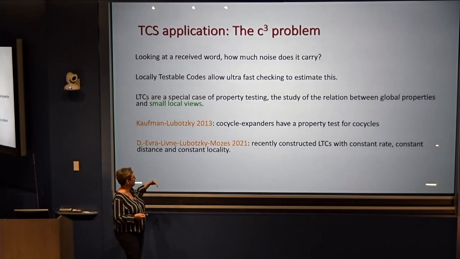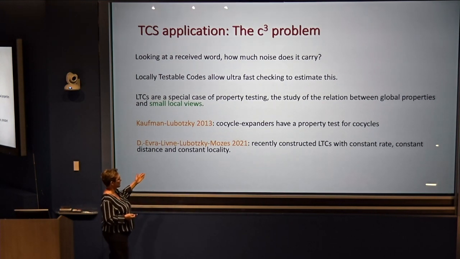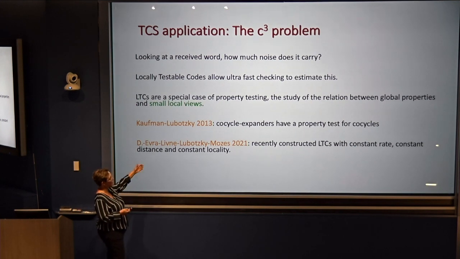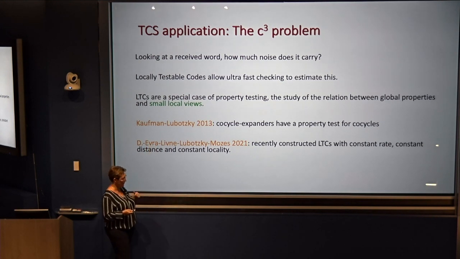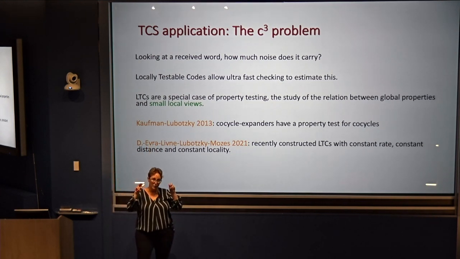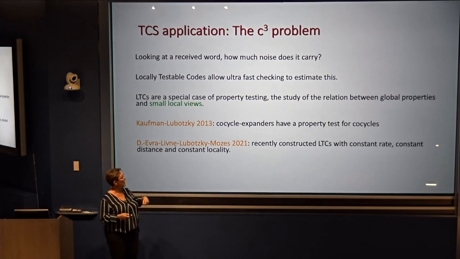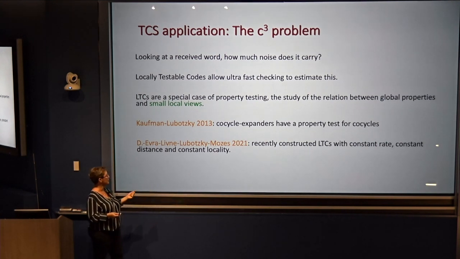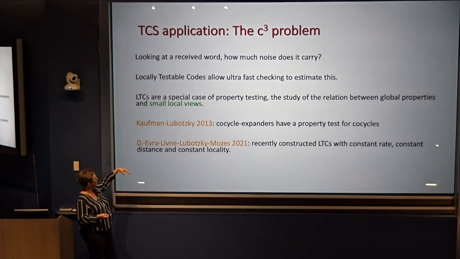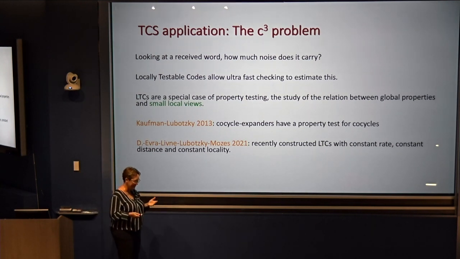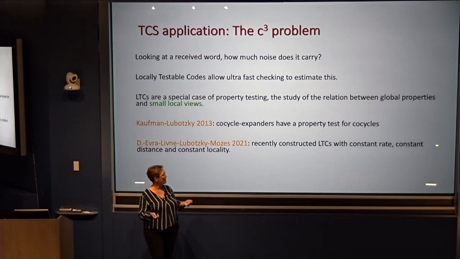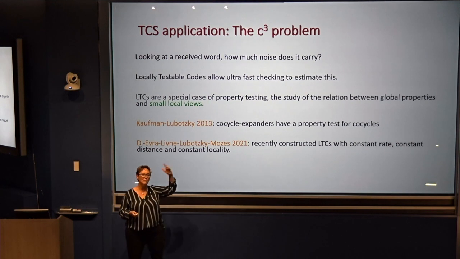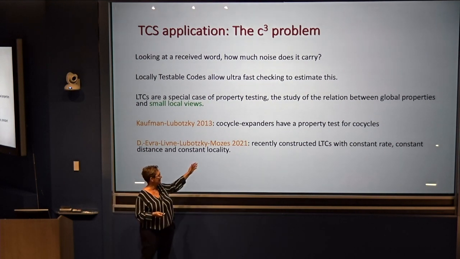And okay, several years later, we constructed these error-correcting codes that have this property tester. So this is the C3 problem, the problem of constructing error-correcting codes that are good, namely they have constant rate and distance, and at the same time they have a property tester. Okay, and you can trace this back to this early work of Kaufman and Lubotsky, but Alex was just telling me that a couple of years ago in the public lecture that he gave in this conference, he gave this as a kind of dream. Maybe we can use high-dimensional expanders and get these codes.